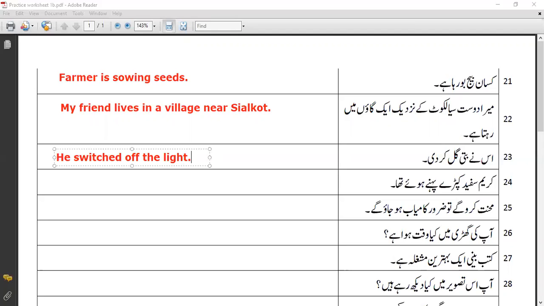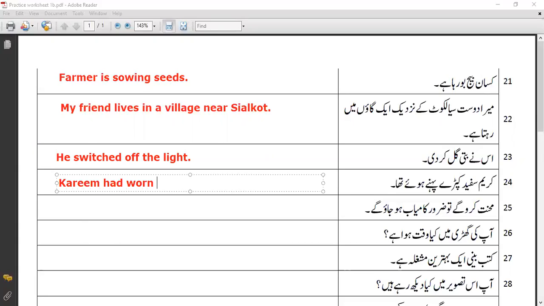Now this one, just see this carefully. करीम सफेद कपड़े पहने हुए था. Like in English, you have to keep in mind the board pattern and the typical kind of translations made in our board papers. Keeping that in mind, what I feel is Kareem, or Abdul Kareem, whatever, Kareem had worn, the third form of wear.